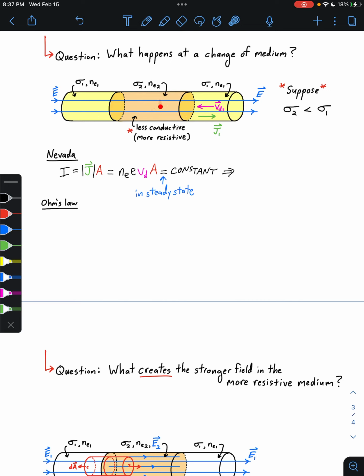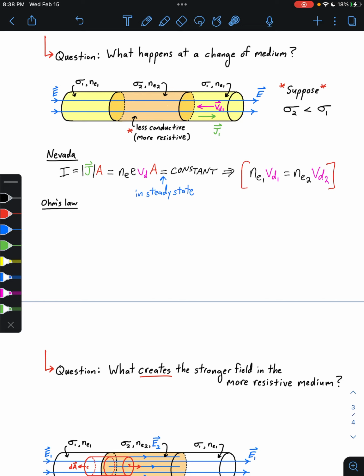And if the cross-sectional areas are the same in both, so that the thickness of the wire isn't changing, and of course little e is the same in both regions, then what this means is that the number density of electrons in region 1 times the drift velocity in region 1 has to equal the number density of free electrons in region 2 times the drift velocity in region 2. That condition must hold to guarantee that the current entering this way is the same as the current leaving that way.